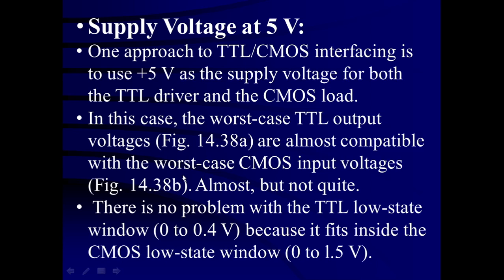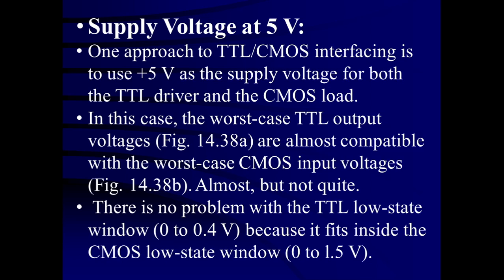From the first sight, it looks like they are going to be compatible. But if you study deeper, they are almost compatible, but not quite, and that we have to see here. The TTL output window, in worst case conditions, can be a maximum voltage of 0.4 volt, so it is from 0 to 0.4 volt. So VOL maximum is going to be 0.4 volt.